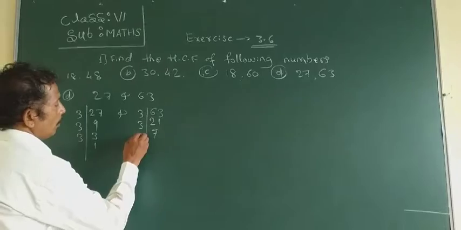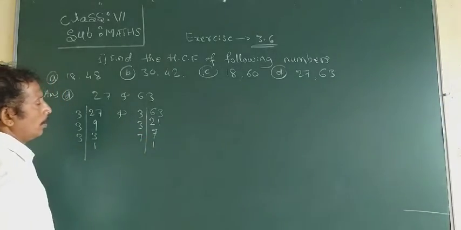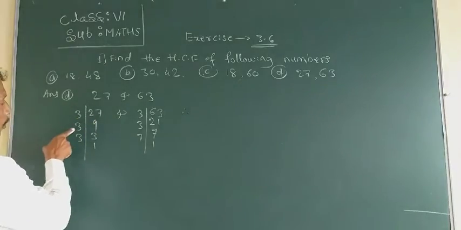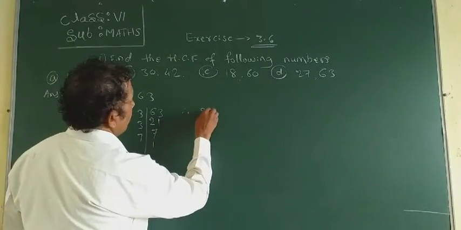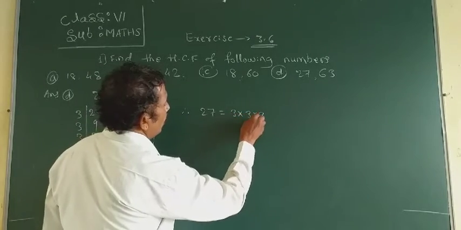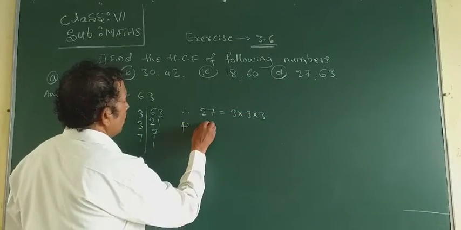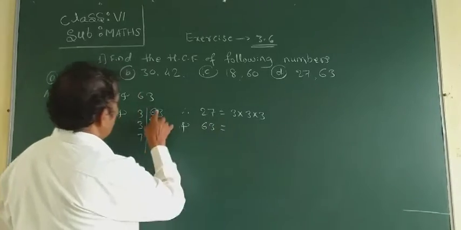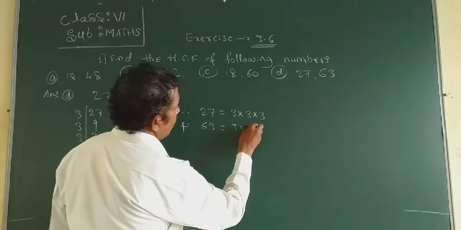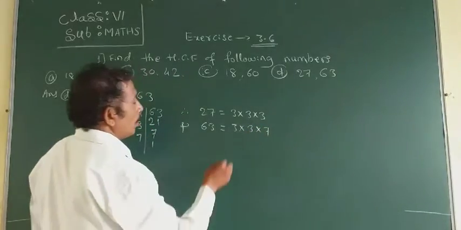Then divide this 7 by 7. 7 1s are 7. Therefore 27 is equal to 3 into 3 into 3, and 63 is equal to 3 into 3 into 7.